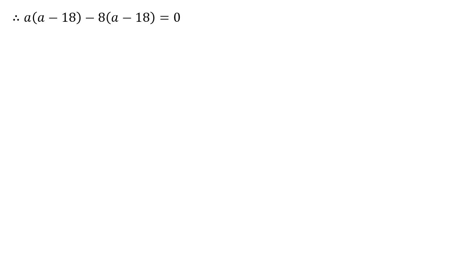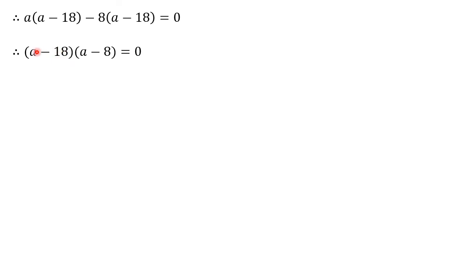So from the first pair we have taken out a as common, then inside the bracket we have a minus 18, and from the second group we have taken out minus 8 as common, and inside the bracket we have a minus 18. You know that always these two brackets are the same, and again we take them out common, and we get two factors of that polynomial as a minus 18 and a minus 8 is equal to 0.